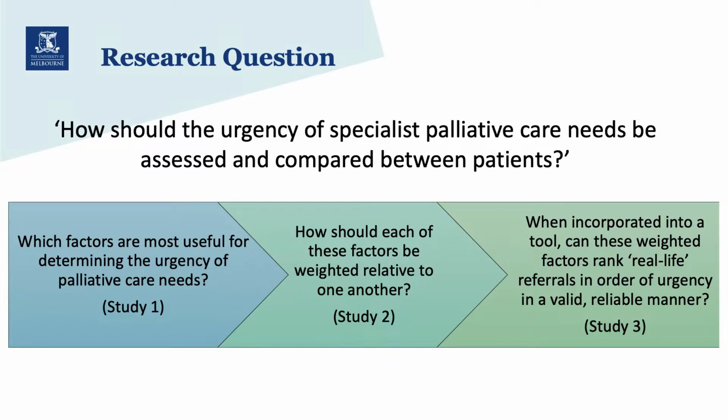So the three studies each had an underlying question. The first study, which factors are most useful for determining the urgency of palliative care needs? Study 2, how should each of these factors be weighted relative to one another? And study 3, when incorporated into a tool, can these weighted factors rank real-life referrals in order of urgency in a valid, reliable manner?